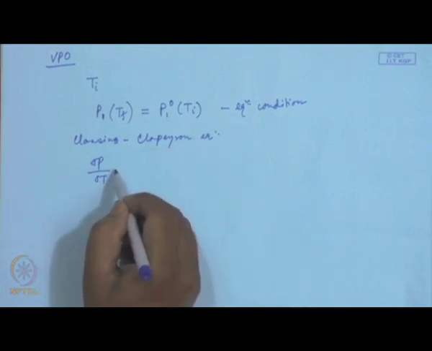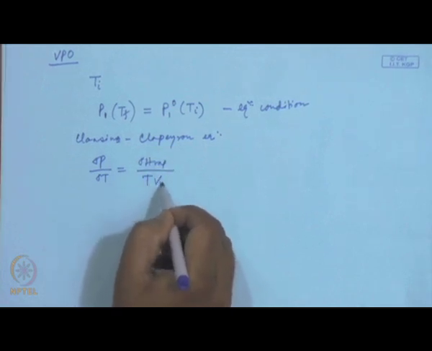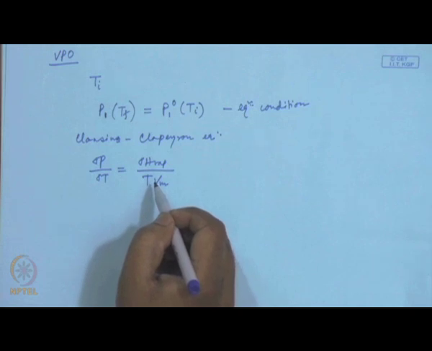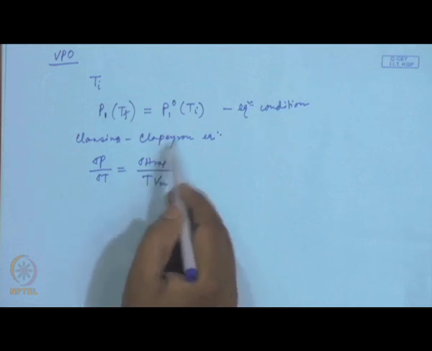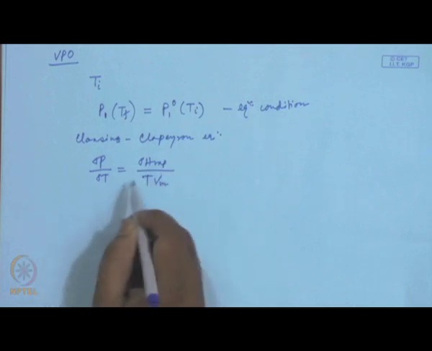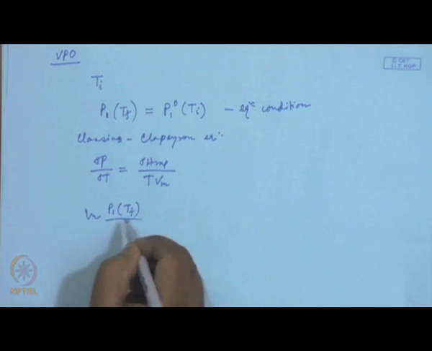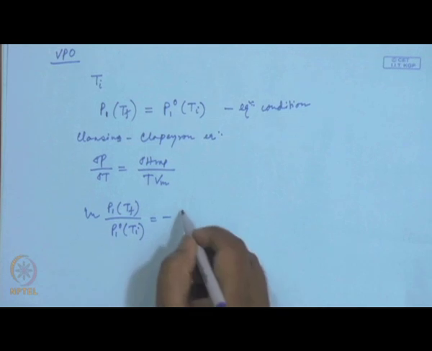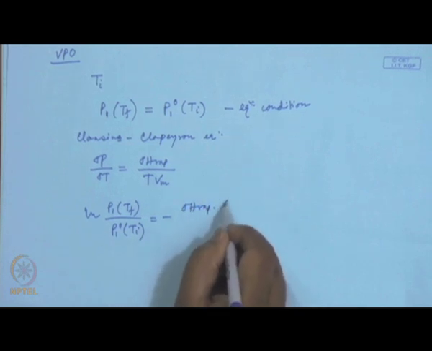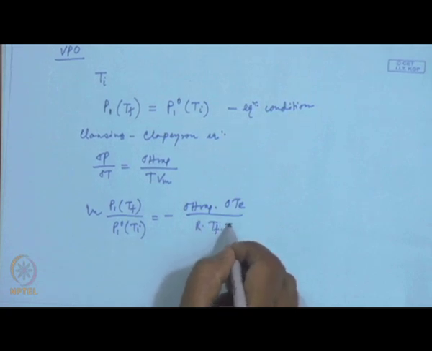and write del P del T is del H vaporization by T Vm, where Vm is the molar volume. If you consider the vapor as an ideal gas, we can do a few mathematical steps to write this.